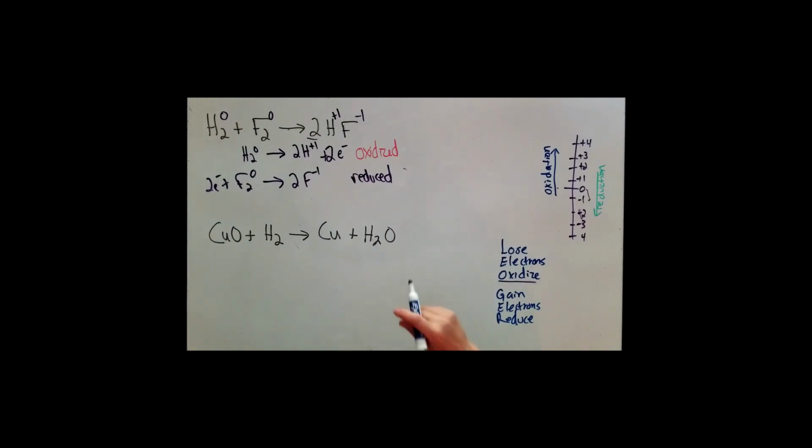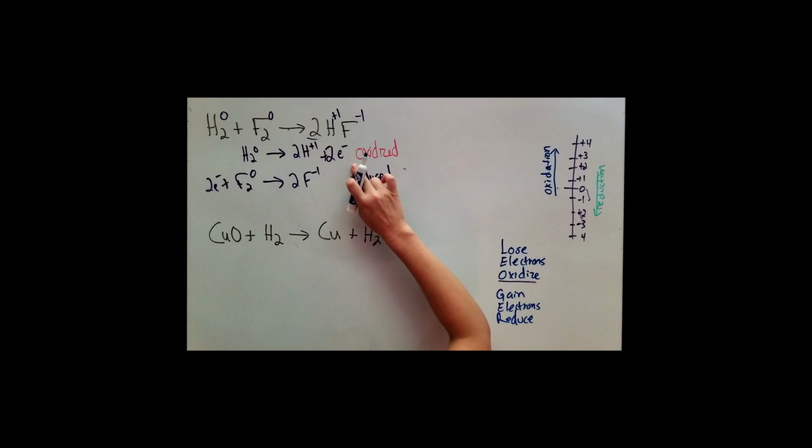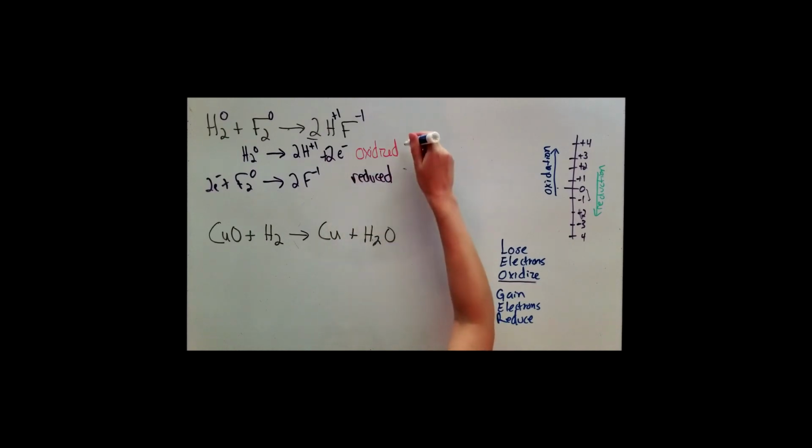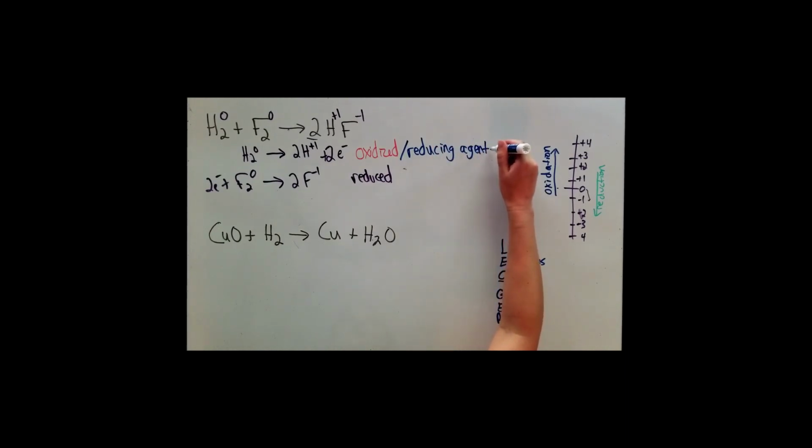The nice thing about this is it's the opposite. What I mean by that is the element, in this case hydrogen, that is oxidized, that is the reducing agent, because it is the element that is reducing fluorine. It's doing the work.